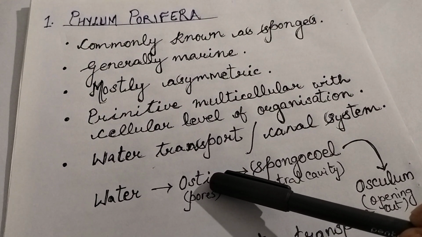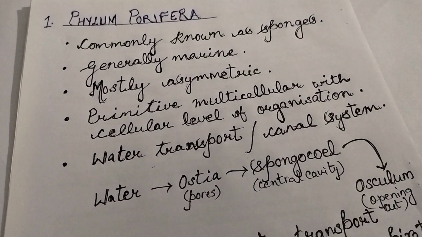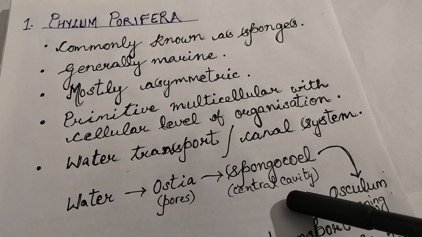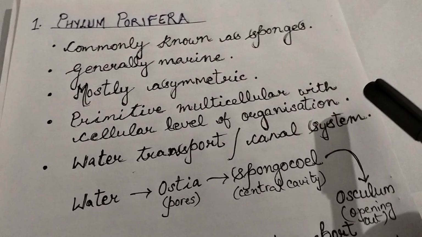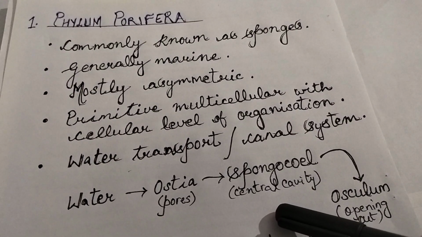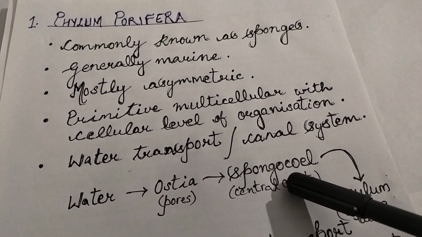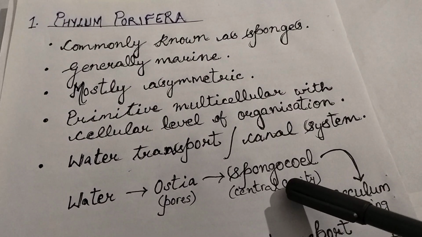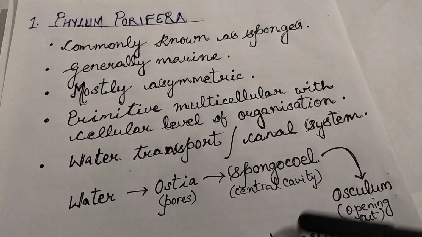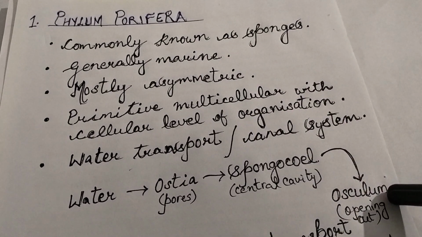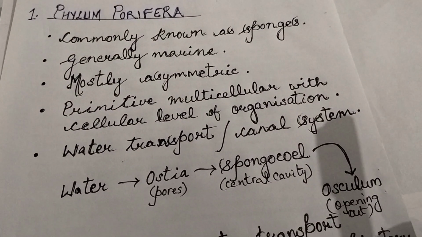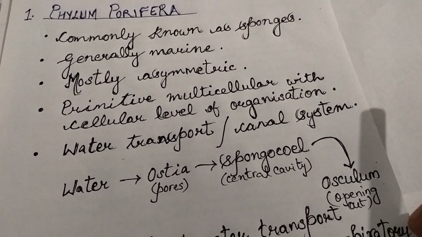These pores are called ostia. Water enters the body wall and then a central cavity. The body has a cavity at the center, and that cavity in poriferans is called spongocele. From the spongocele, water finally goes out through an opening. That opening is called osculum.